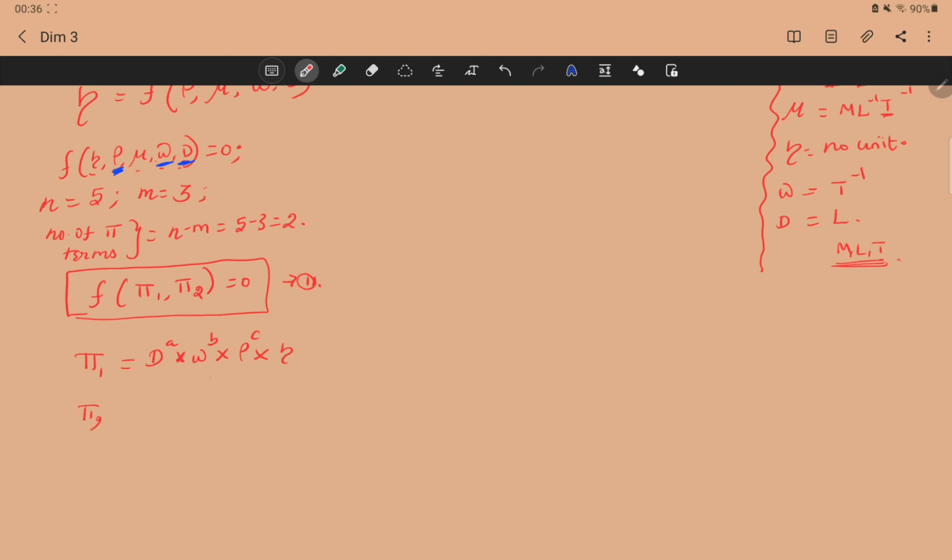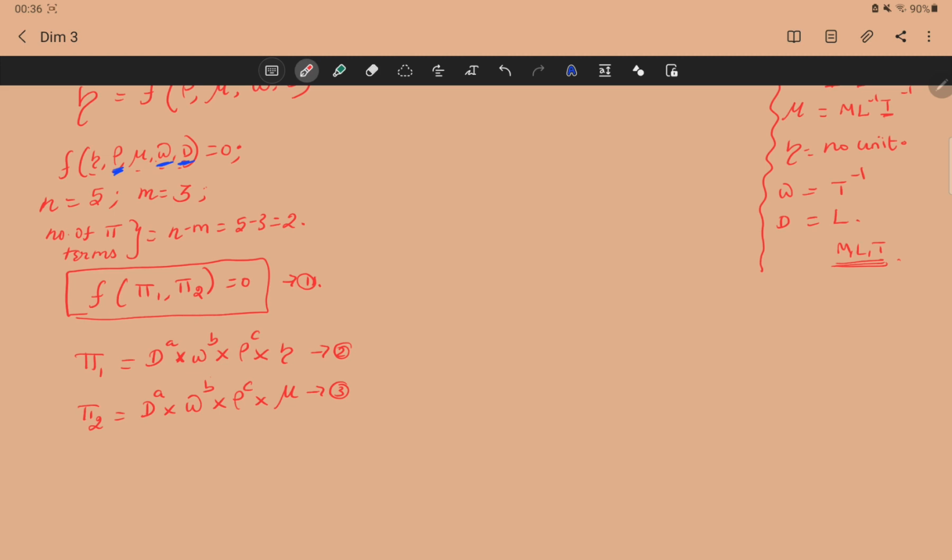What about pi 2? Pi 2 is d power a times omega power b times rho power c times the other non-repeating variable mu. I'm going to call these equation 2 and equation 3.